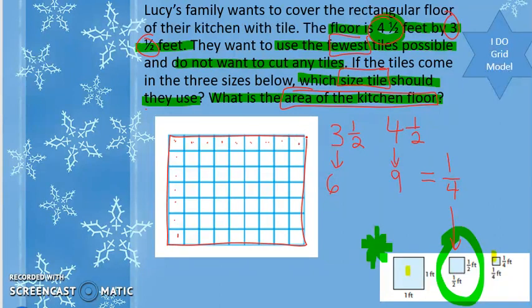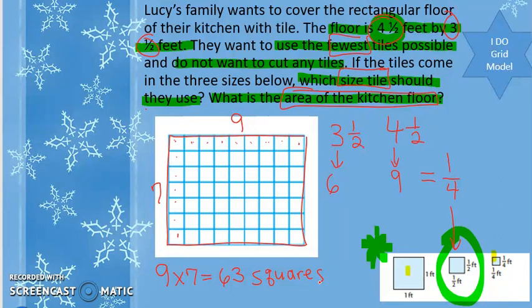And then we know that we have 9 tiles across, we have 7 tiles down, and we know that 9 times 7 is equal to 63. So we have 63 squares here represented in our grid model. And we're going to multiply those 63 squares by the 1/4 foot that each tile is taking up, because we determined that 1/2 feet by 1/2 feet for each of these tiles is equal to 1/4 foot.